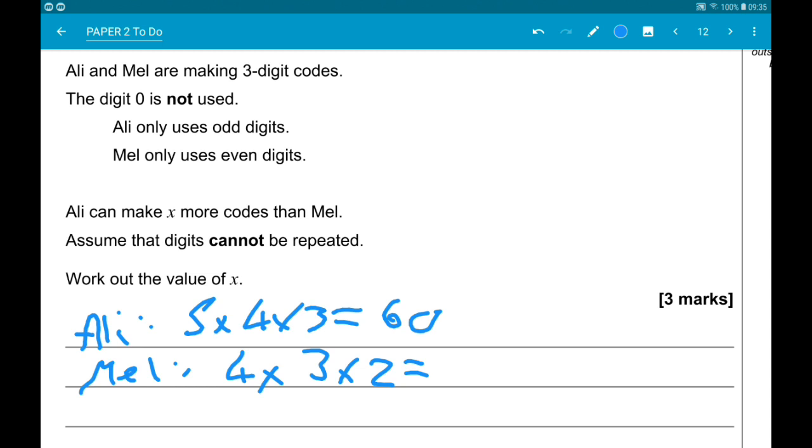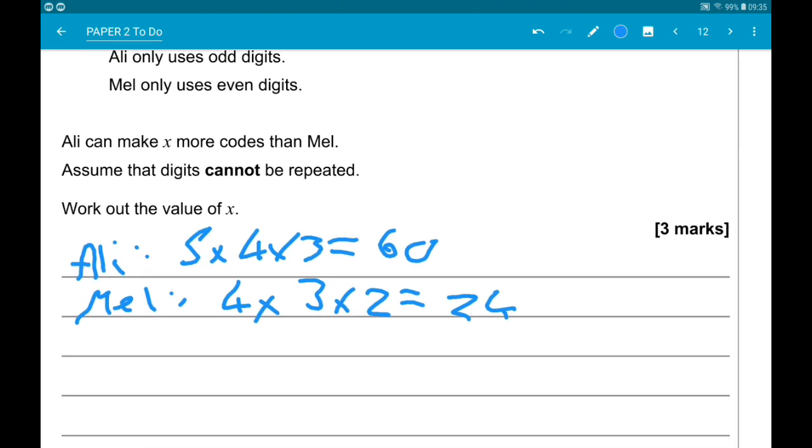So that's 24. So X is 60 minus 24, which is 36.